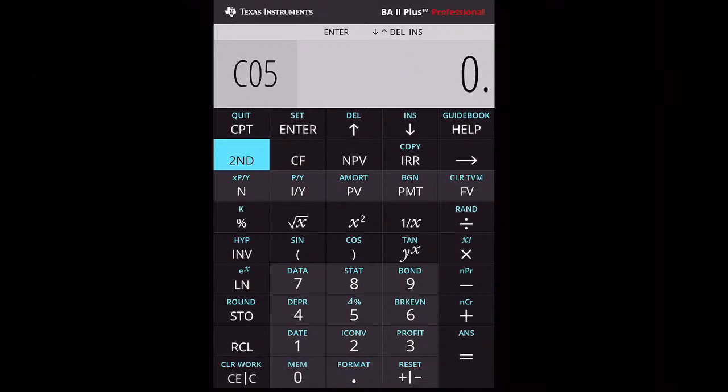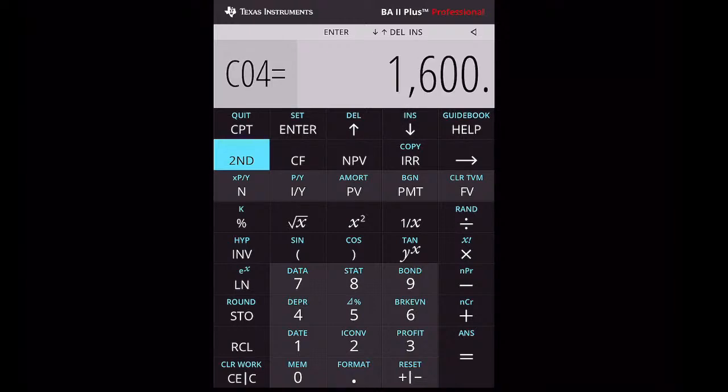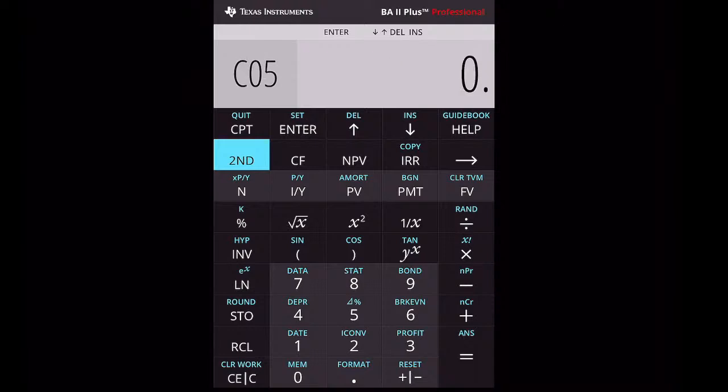So we've entered everything. Let's check to make sure we did it correctly. 800, 9, oh, I missed that one. 900, enter, down, down, and the third one is 500, and the fourth one is 1600, and that's it.